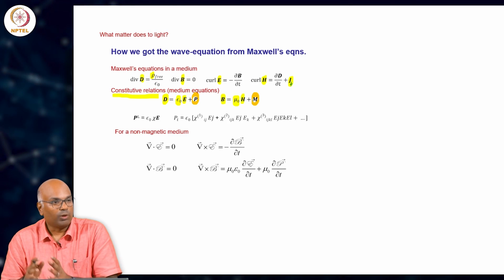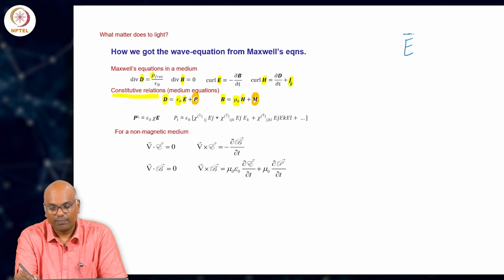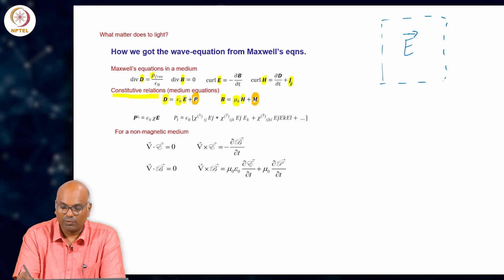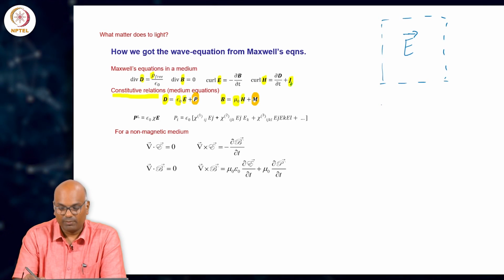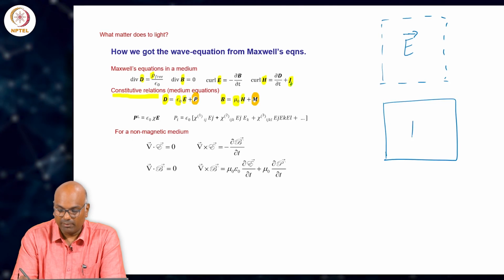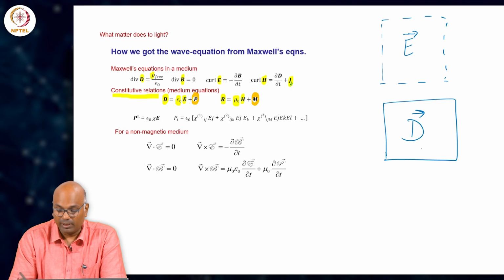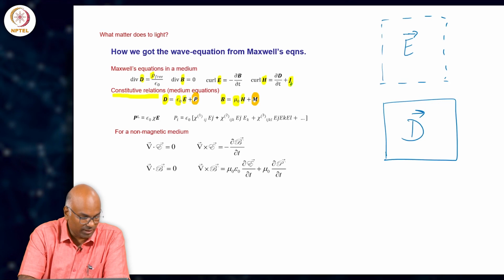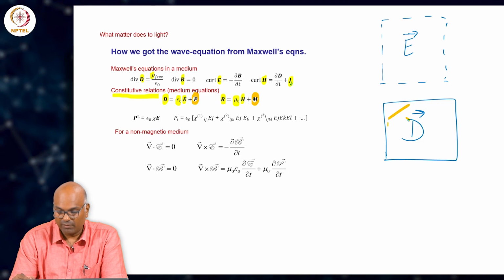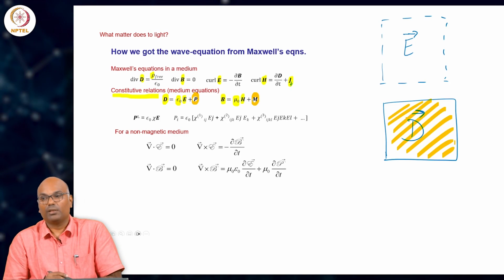The field that would have occupied the same volume of space would be E. So, E is for that volume of space being empty, whereas when I put some material there, we can consider the field that is actually present inside is effectively D when there is a medium present there.